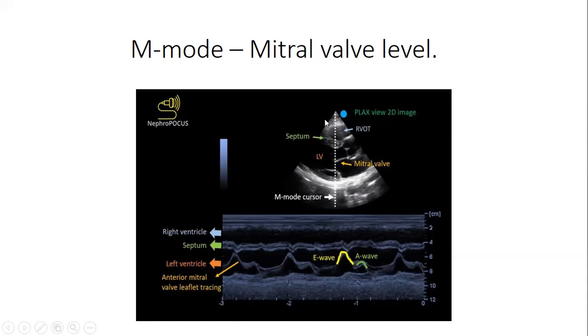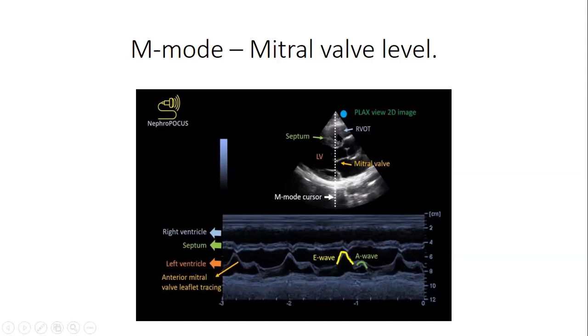I've seen a lot of echo where you are measuring the septum, and your line is passing like this, or it's passing like this. Sometimes you can have a very difficult echo where the left ventricle is displaced, a displaced apex, very difficult, and you are trying to do this angle like this.